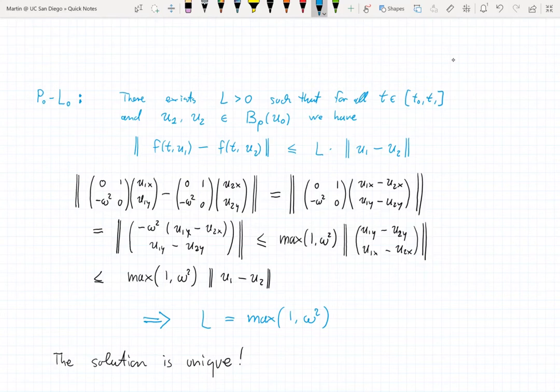Formally, the Euclidean norm of f(t, u1) minus f(t, u2) is bounded from above by L times the Euclidean norm of u1 minus u2.